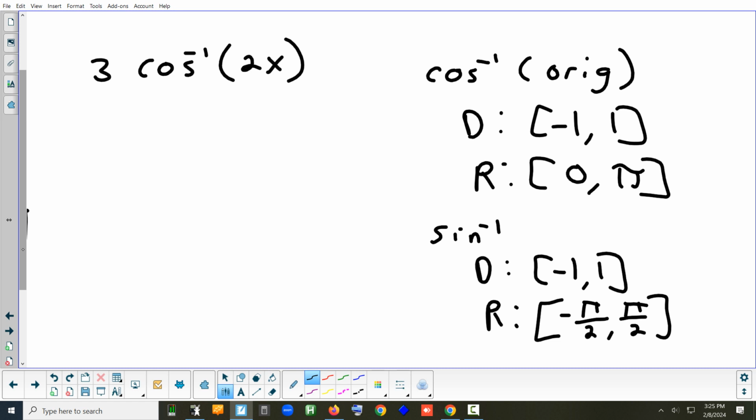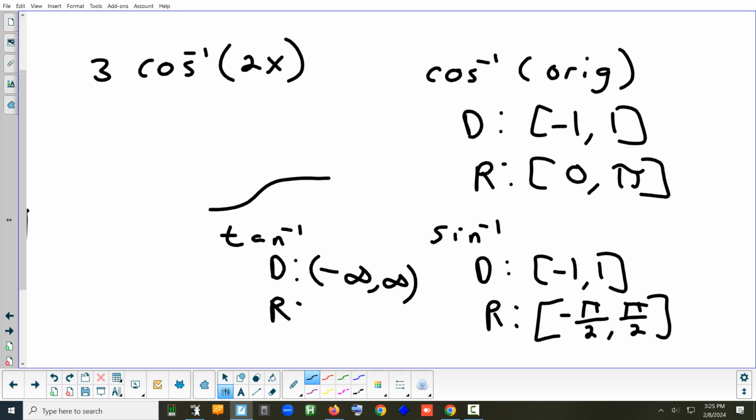But inverse tangent, that one's a little different. Do you remember what the domain is for inverse tangent? Yeah. All real numbers. Inverse tangent looks kind of like this. It goes left and right forever. So domain is all reals, but it doesn't go up and down forever.